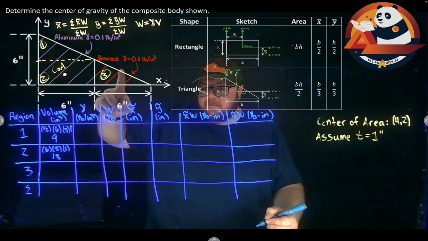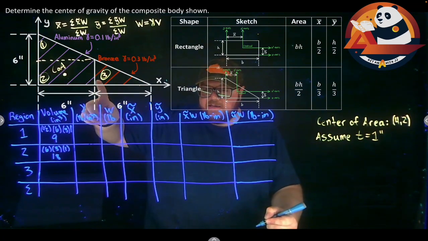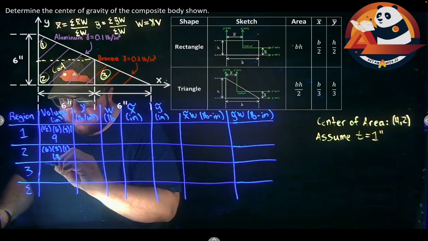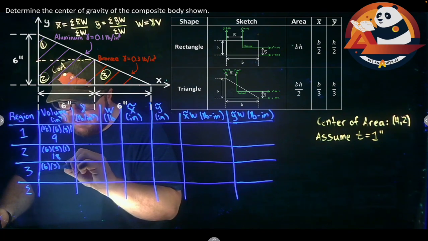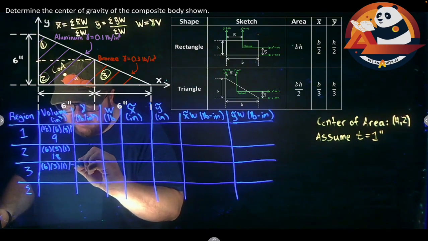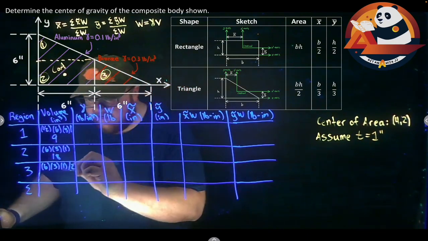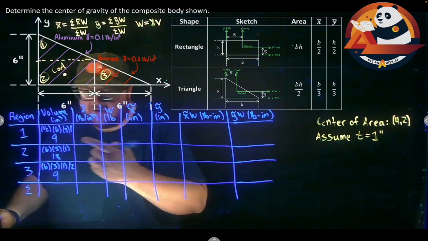And our last one would be our bronze triangle, which is also a height of 3, a base of 6. So 1/2 base 6 times height 3 times our thickness 1 is going to get me also 9. For some reason, I just wrote the formula differently.